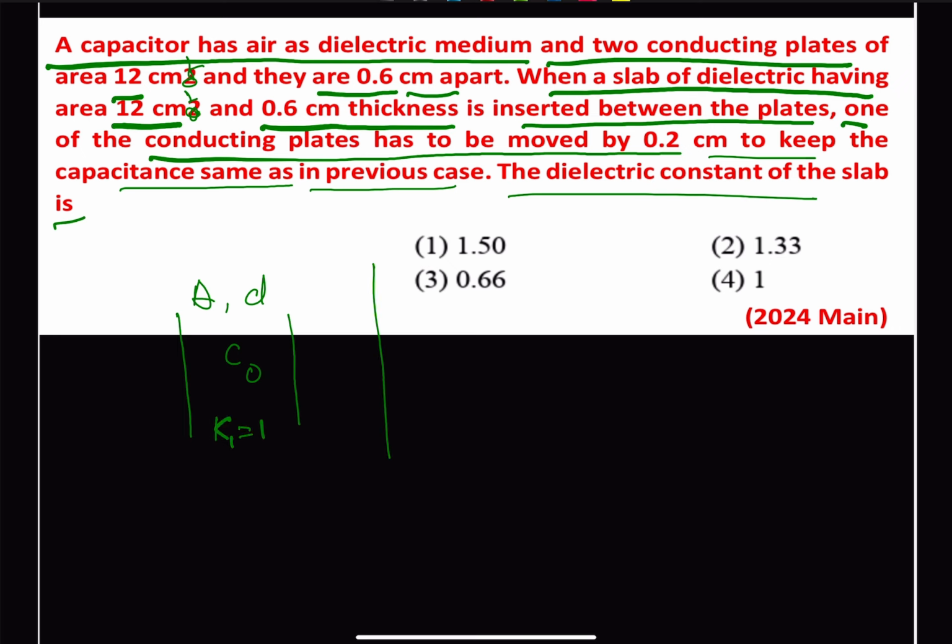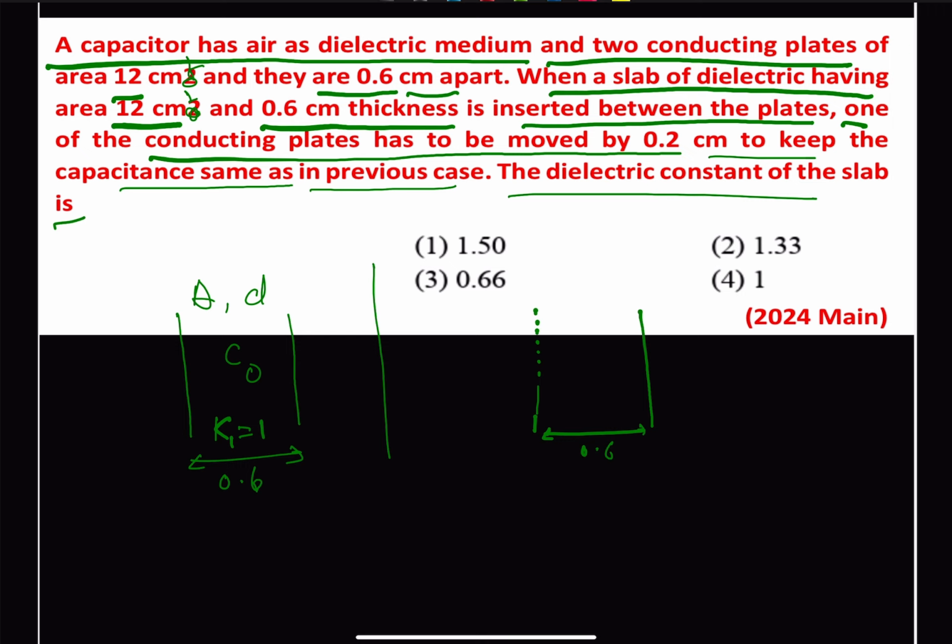In the second case, a dielectric slab of area 12 centimeters. So initially the distance between the plates is 0.6 centimeter, and the dielectric is also having the distance as 0.6 centimeter.